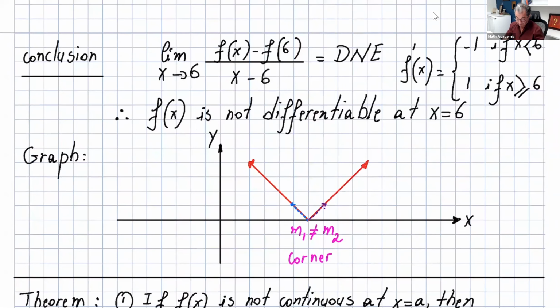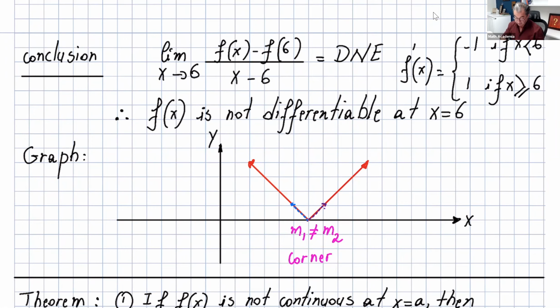If you graph the absolute value of x minus 6, this is the graph. And you notice that from the left side, the slope of that line is -1, and from the right side it is +1, and they're not equal. That's the case where you have a corner.